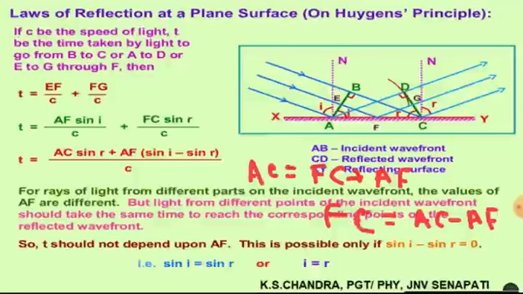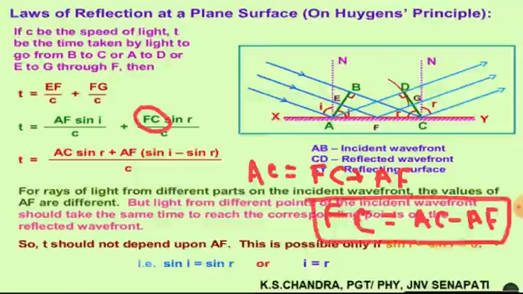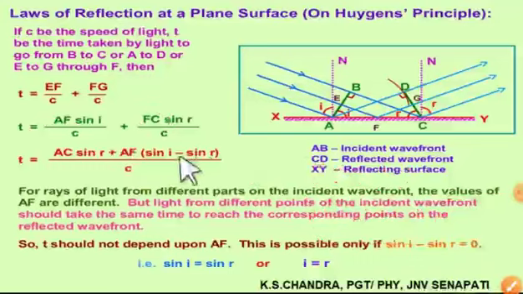If you express FC as AC minus AF and rearrange it to associate AF here and another AF here, then you can take it common. And if you rearrange it, then it will be like this. Got it? It will be as it is here.